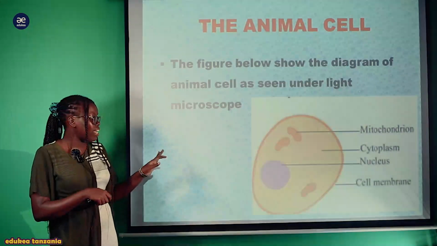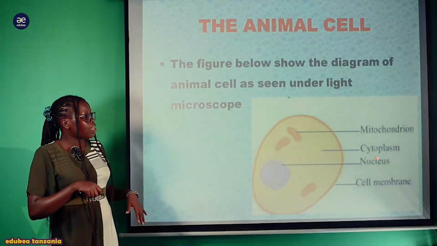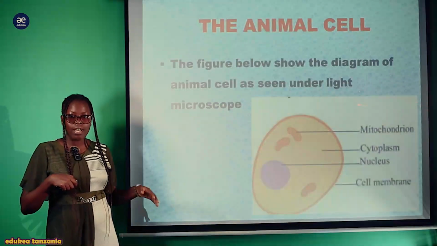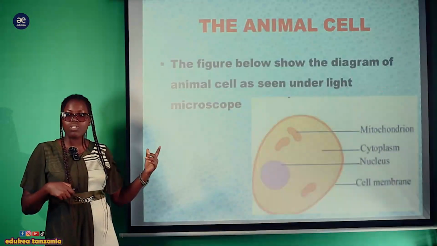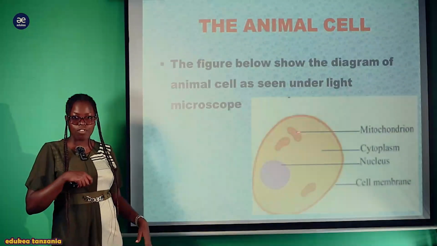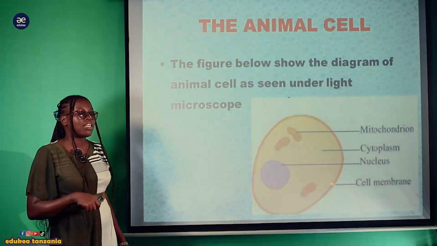So take an example, this was a tissue example from an animal, we took it and observed it under the microscope. So this is the structure we got when we magnified it. So this is the structure of the animal cell as seen under the light microscope.